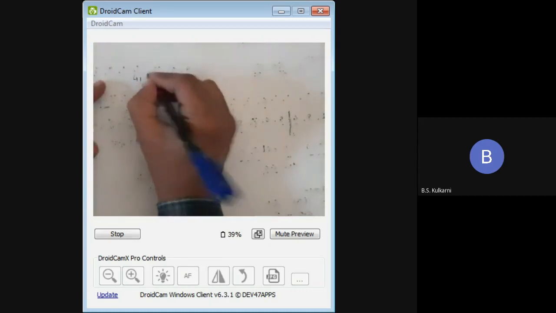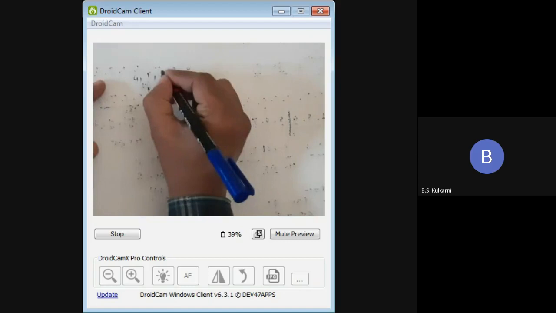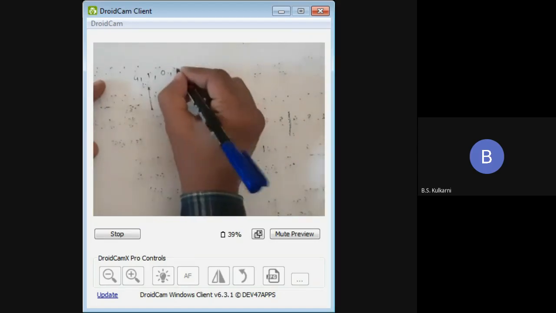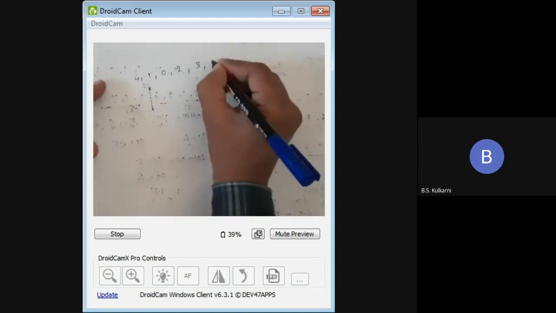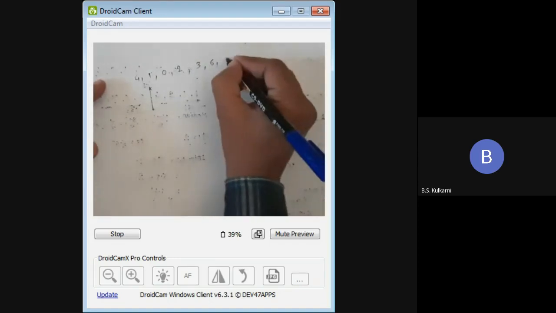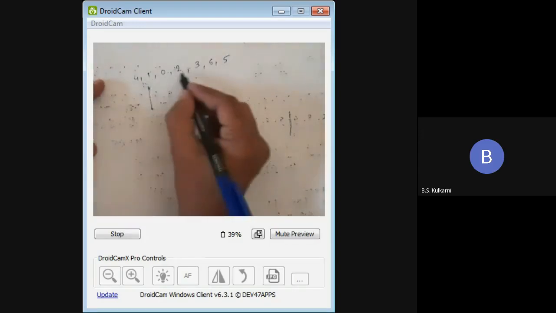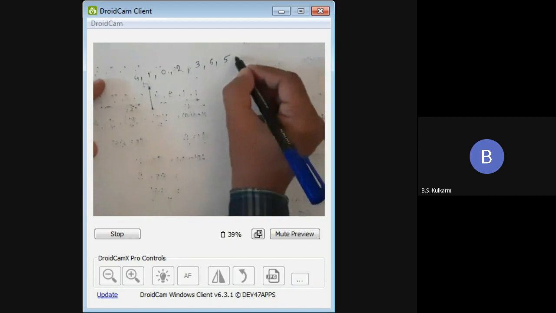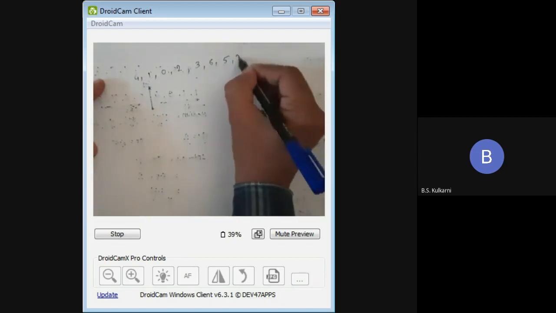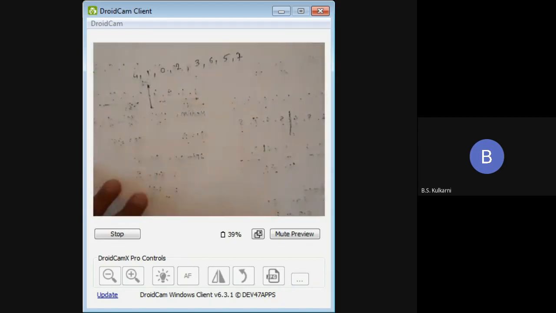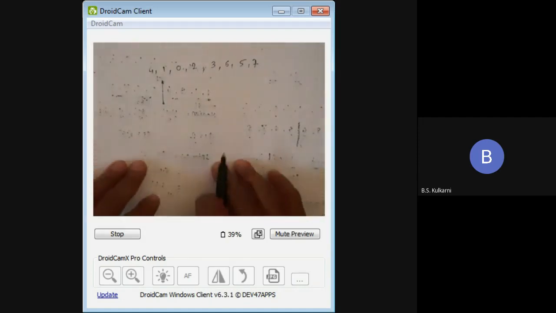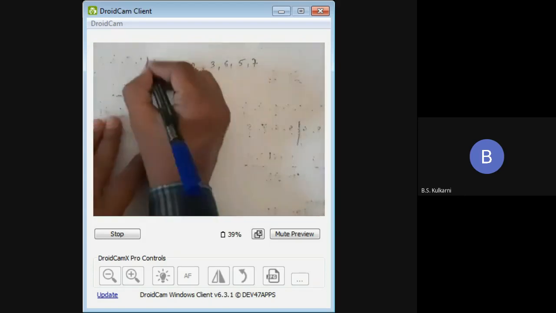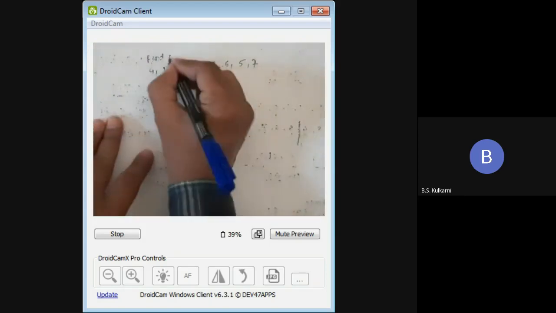The data is 4, 1, 0, 2, 3, 6, 5 and 7. Now find out the interquartile range for the given data.